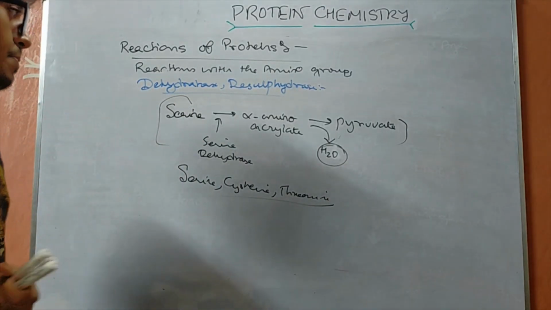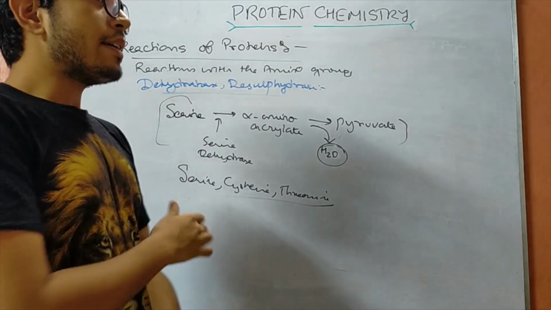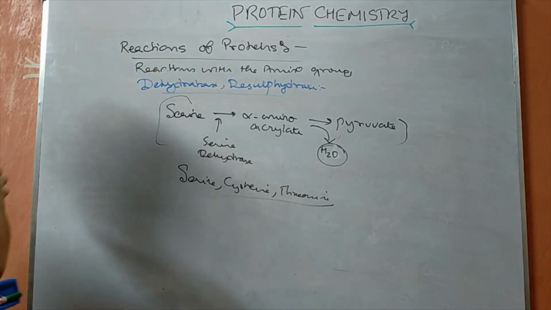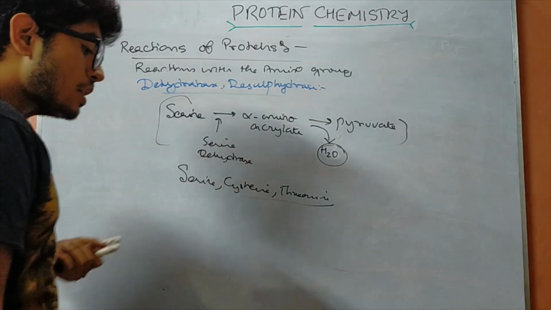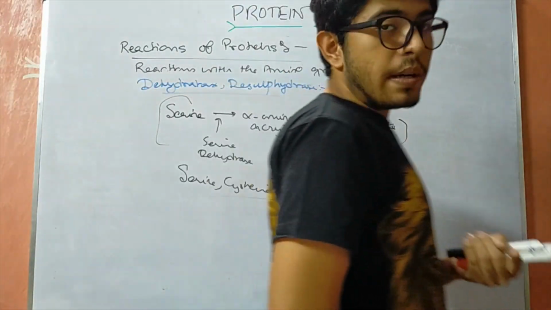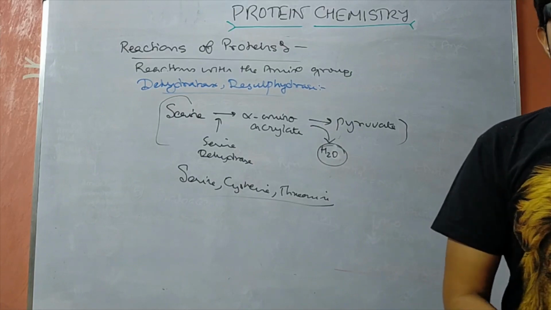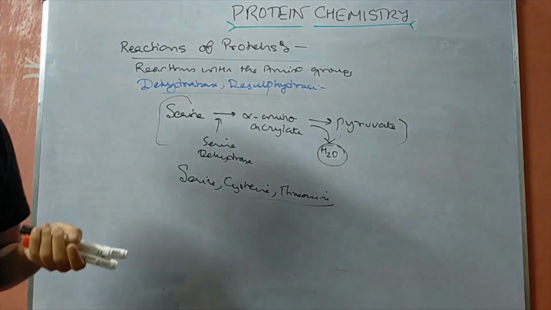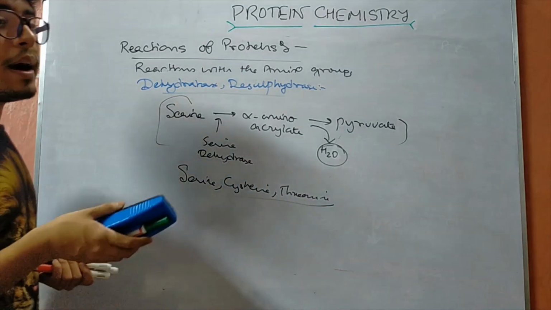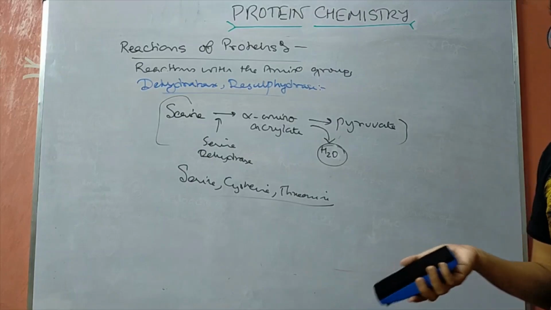Now coming to the next part, the reactions of the carboxyl group. Before coming to that, let's discuss something about the carbamino compounds. The NH2 group of the amino acid can also react with CO2 to form carbamino compounds, like carbamino hemoglobin.